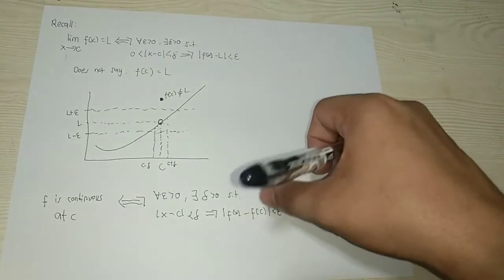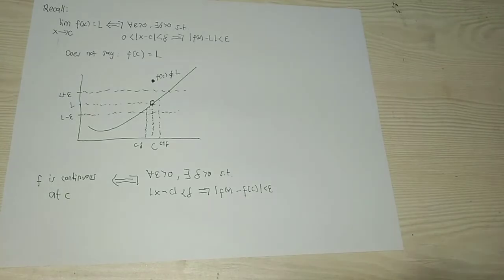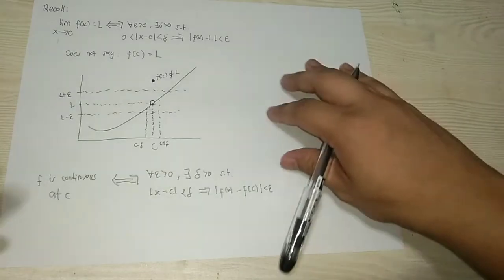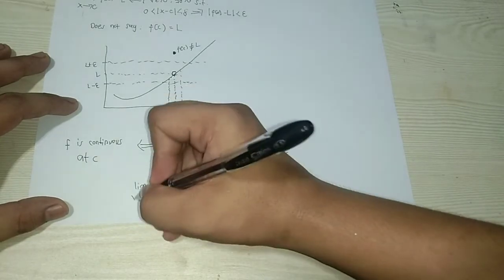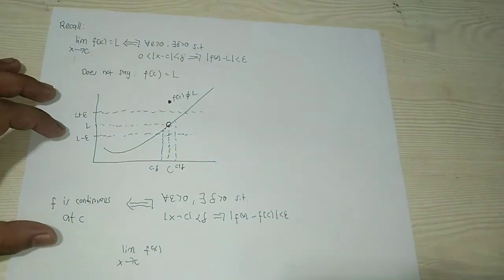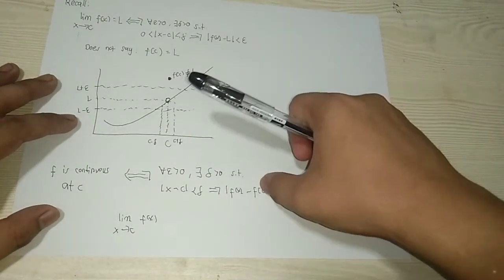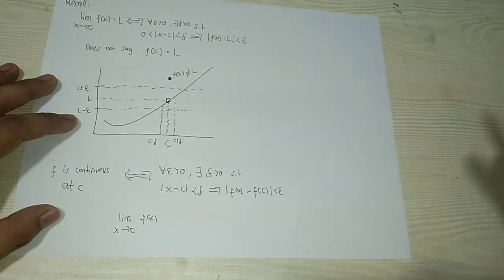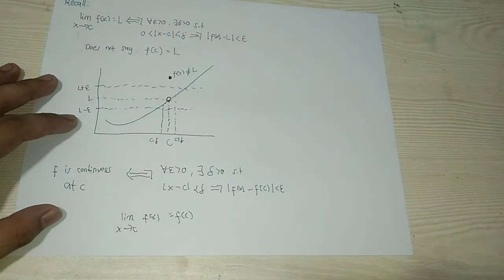So dito sa case na to, ibig sabihin yan, yung mismong limit ng f of x as x approaches c, siya yung f of c. Dito kasi ang limit ay L. Pero yung L, hindi ibig sabihin nun equal kagad sa f of c. Pero dito, yung limit niya, since yung distance ay less than epsilon, siya mismo yung f of c. So, yun yung sinasabi ng definition ng continuity. Okay?